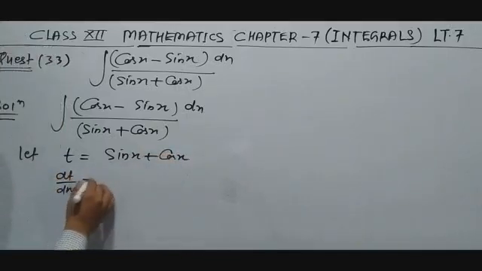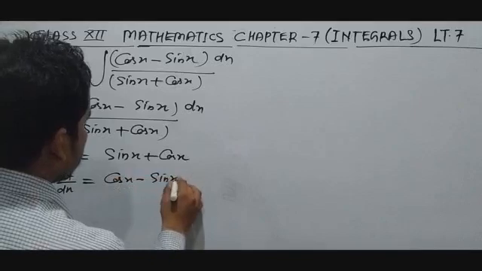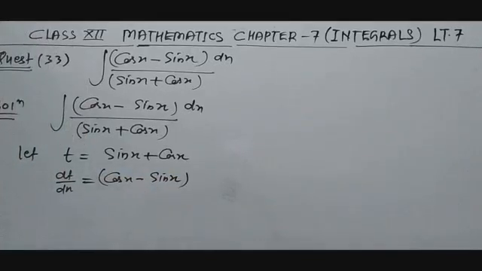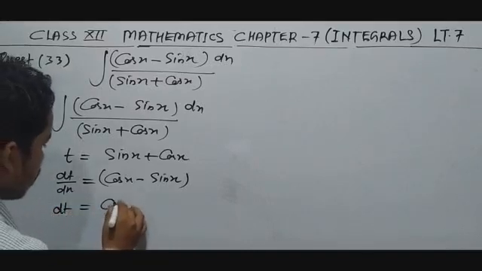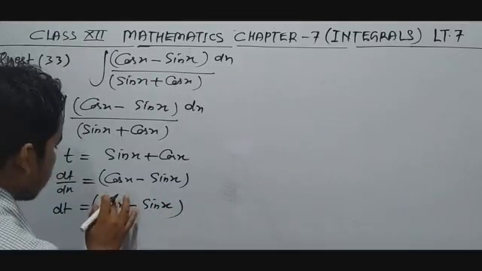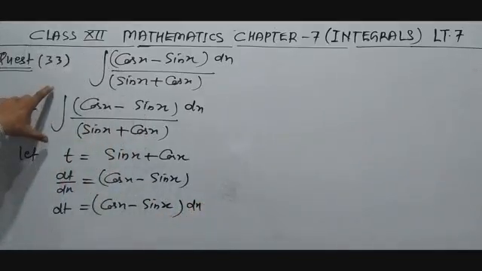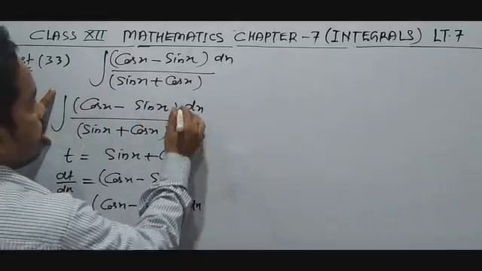Now dt by dx is cos x minus sin x. This is the differentiation, and now you can find dt. dt will be (cos x minus sin x) dx. And you know, from this, (cos x minus sin x) dx is dt.